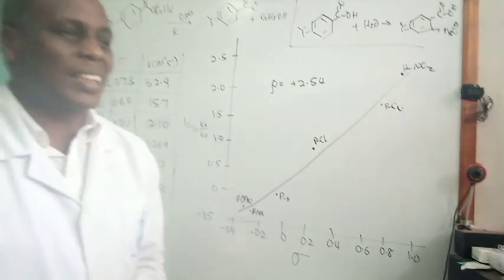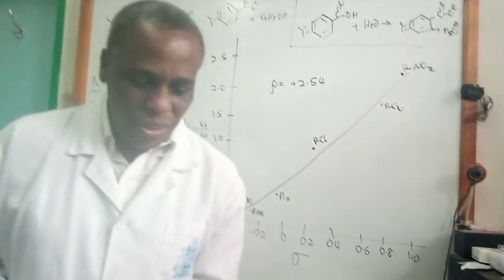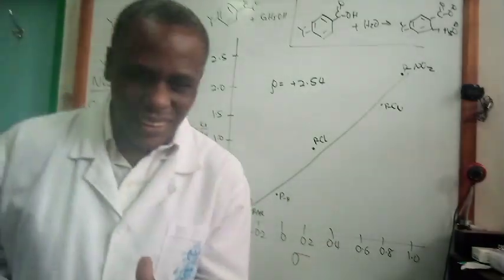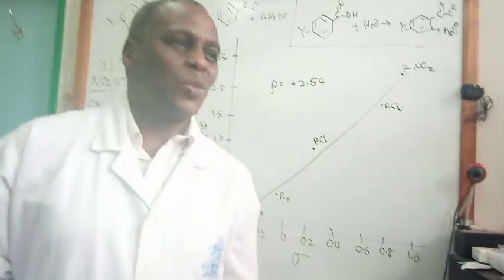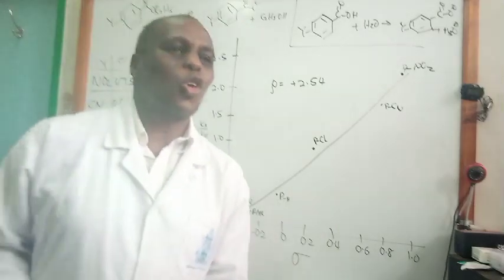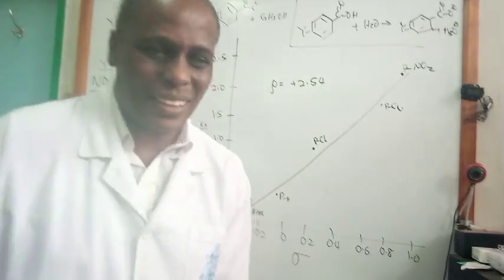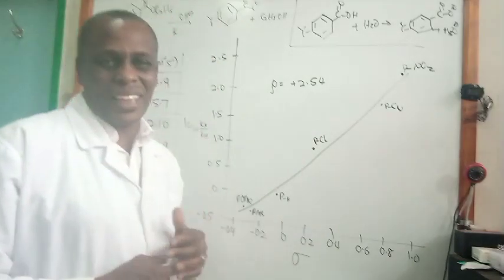And what we are seeing is that the groups which were donating electron density to the benzoic acid, and therefore causing it to ionize less, had negative sigma values.